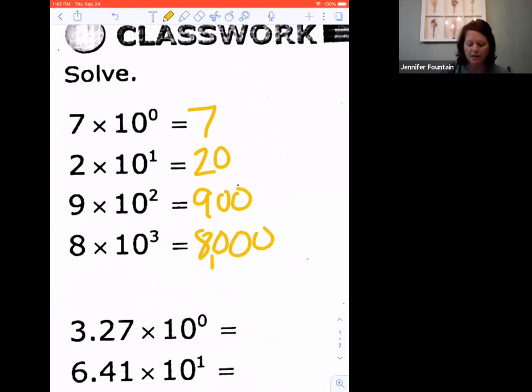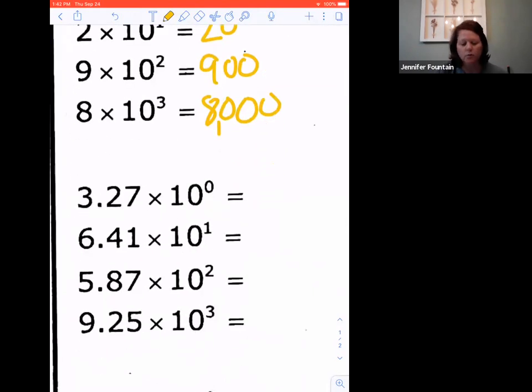Okay. So we're going to do something similar using our decimal points. Remember, anything to the 0 power, or 10 to the 0 power, is going to be 1. So this will just be 3.27 times 1 will be 3.27. 6.41 times 10 to the first. Remember, my exponent determines how many places I move my decimal. So I'm moving my decimal one place.